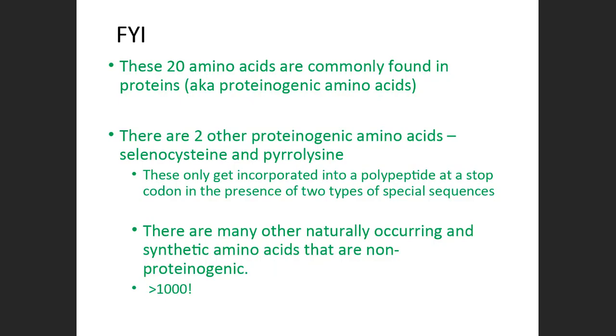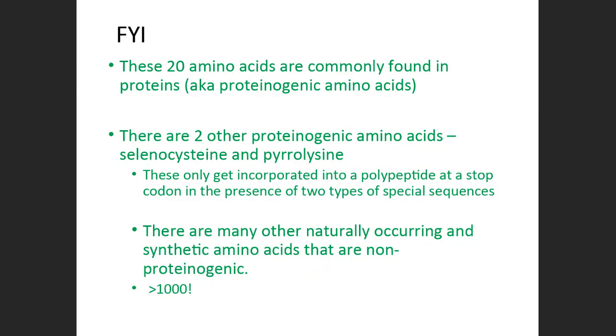But if anyone asks you, how many amino acids are there? Yeah, there are 20 that are found in proteins, but there's actually many more than just 20 amino acids. There are many other naturally occurring and synthetic amino acids, which are non-proteinogenic, so they're not found in proteins.